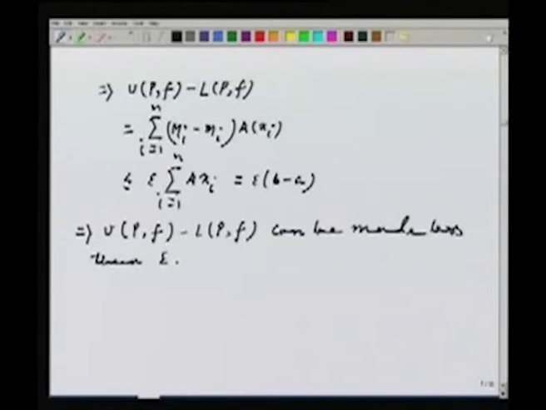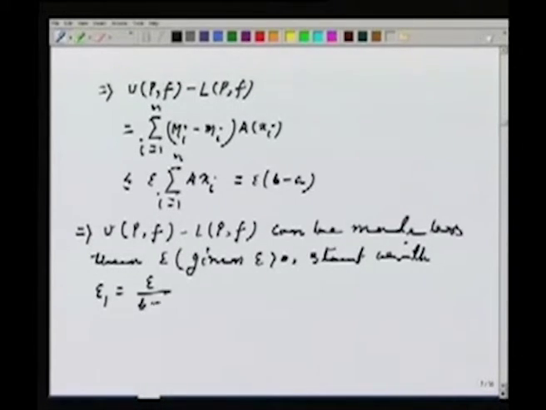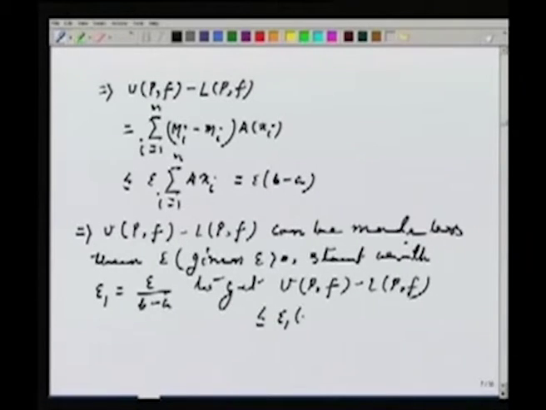Given epsilon bigger than 0, start with epsilon 1, defined as epsilon by b minus a, to get UPF minus LPF less than or equal to epsilon 1 into b minus a, but epsilon 1 is epsilon by b minus a multiplied by b minus a, so you get epsilon.